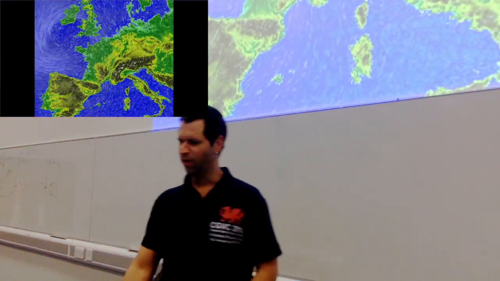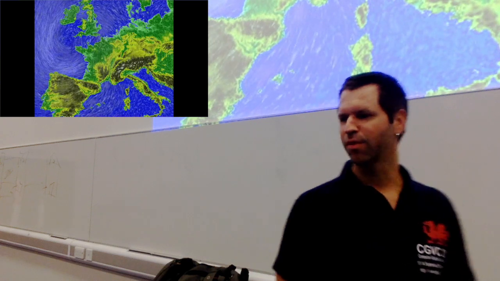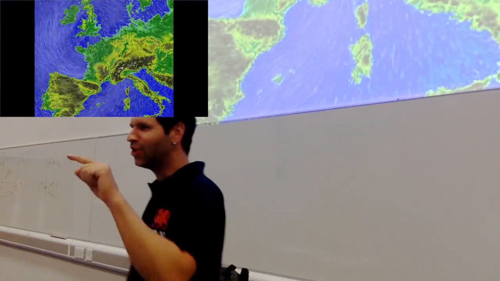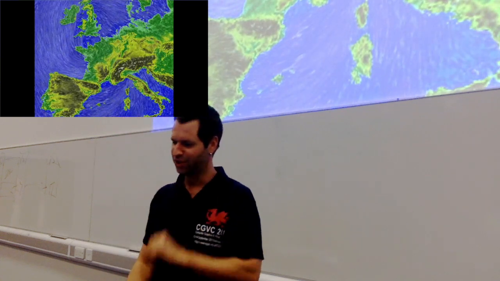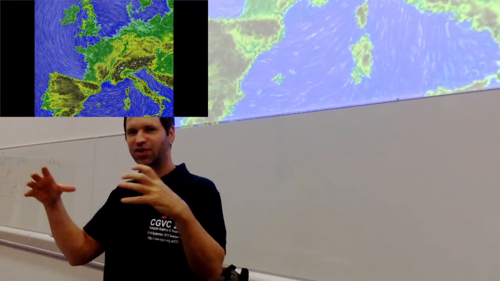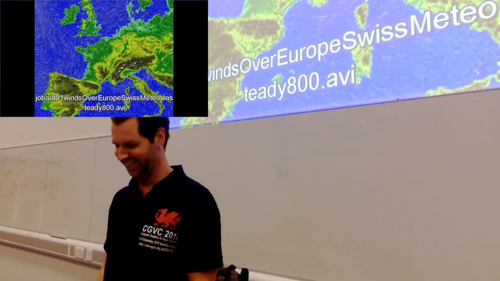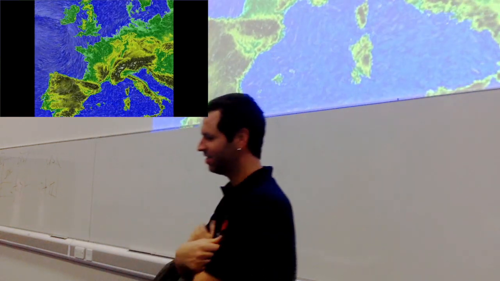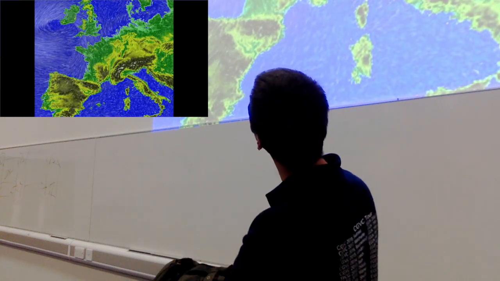So this is what the weather pattern looks like just before Brexit. You'll notice a vortex swirling over London, a low pressure region just over London, about to suck everything in before it collapses. But that is texture-based flow viz.